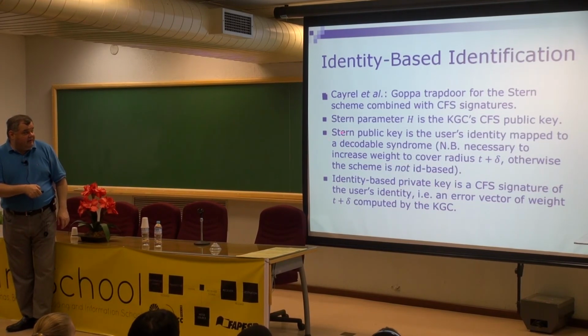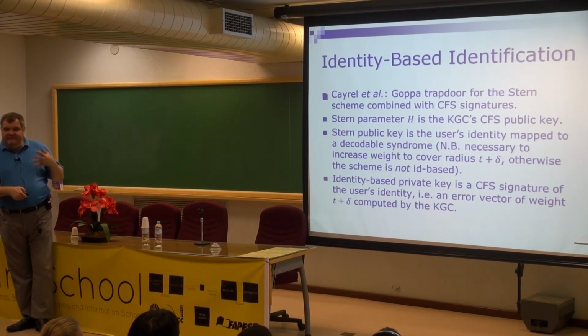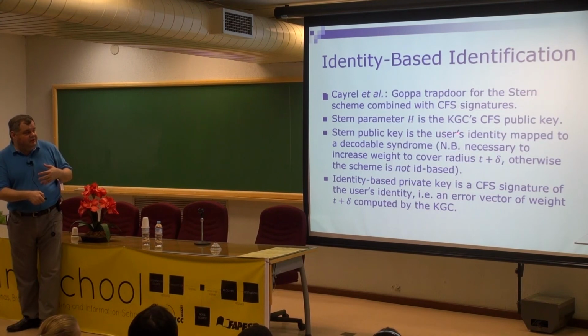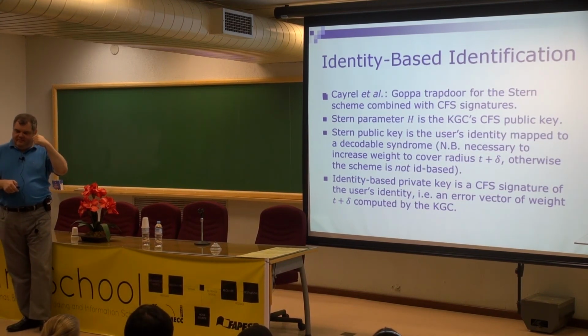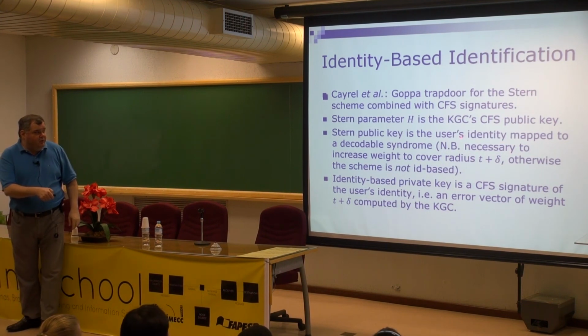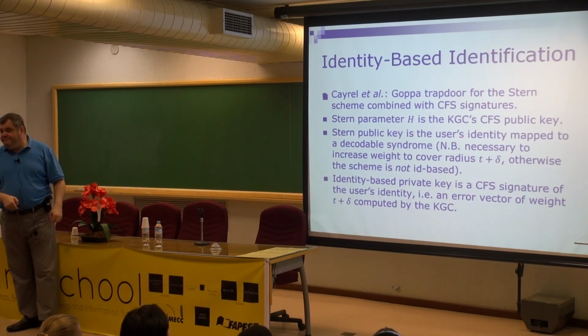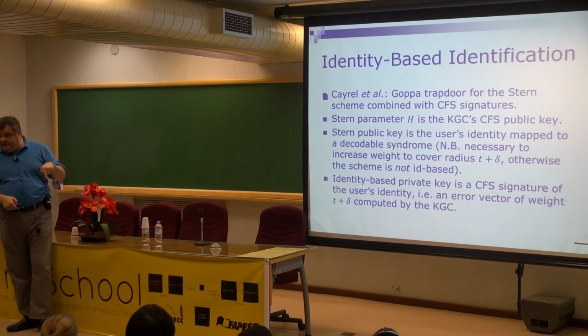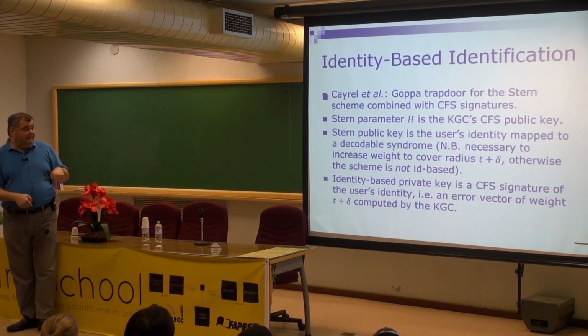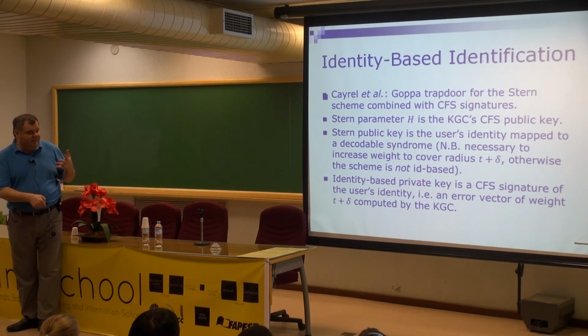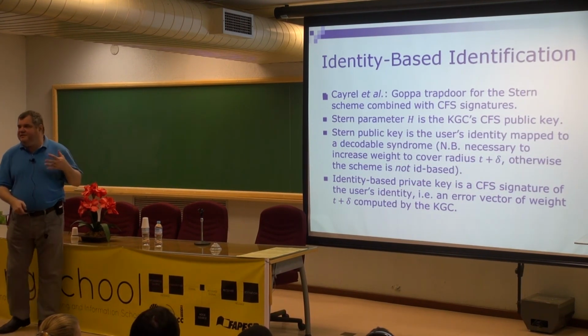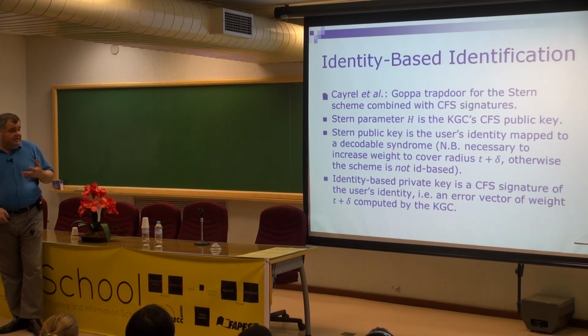A public key in this scheme will be the user's identity. The private key we give that user will be that identity mapped to a decodable syndrome. The trust authority can decode that syndrome, and we use the result as a private key for CFS signatures.